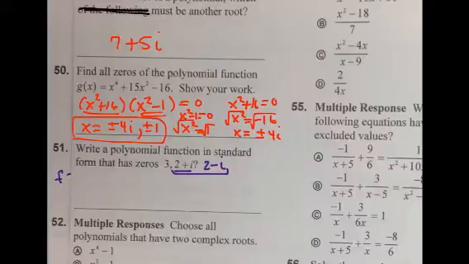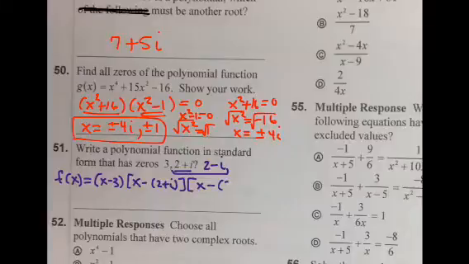So it's going to be f of x equals x minus 3, x minus 2 plus i. Remember, you always set up the polynomial with x minus the 0. Whatever the 0 is, it's x minus that.